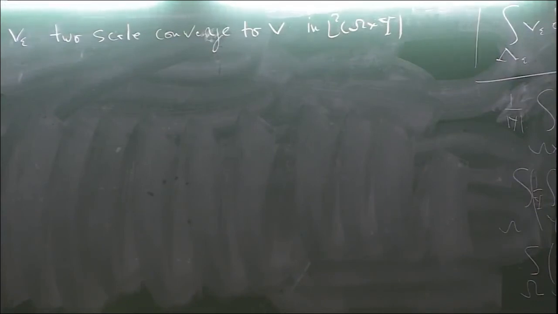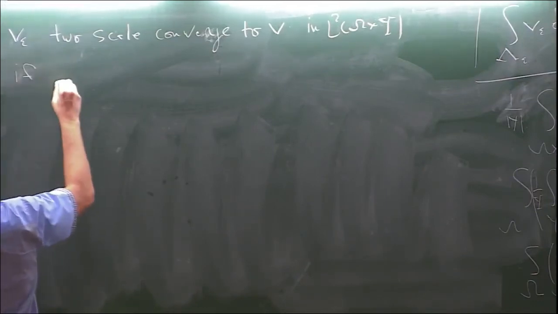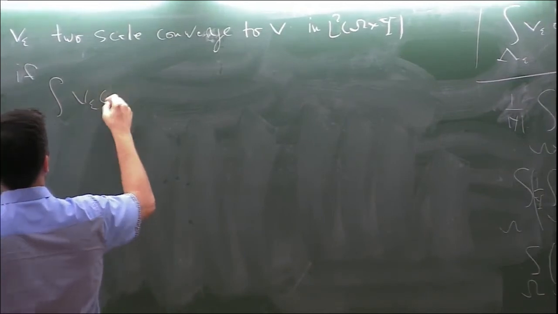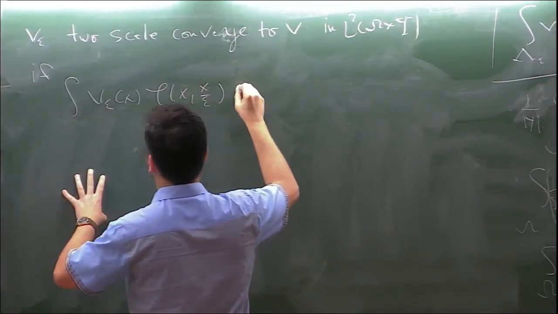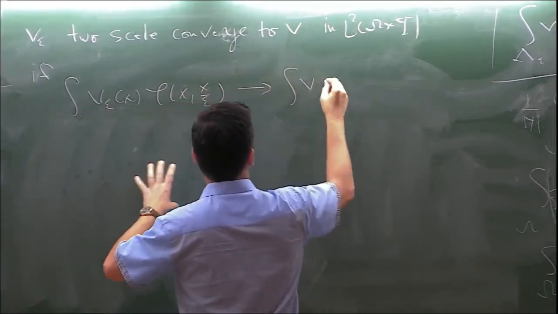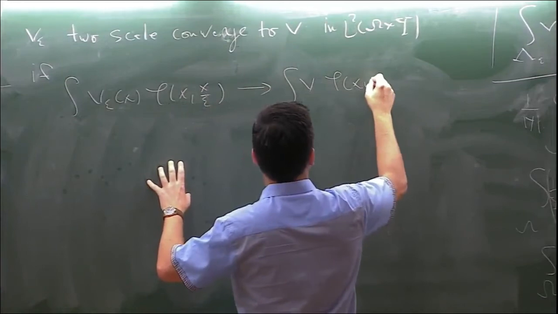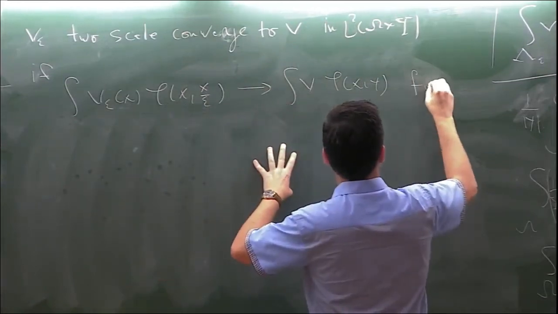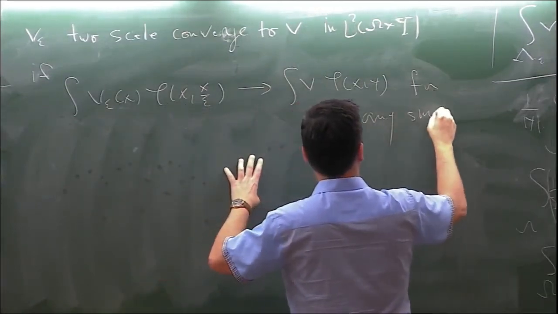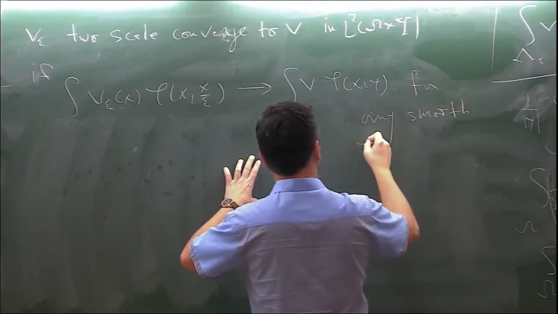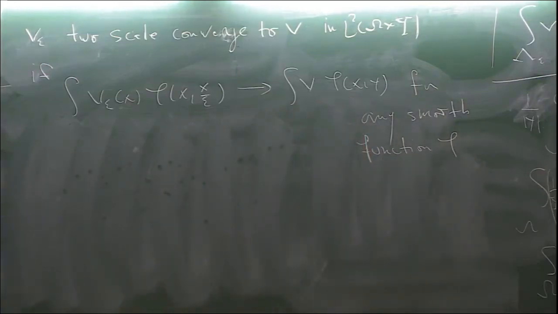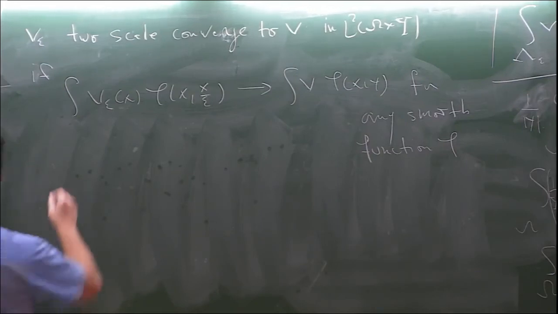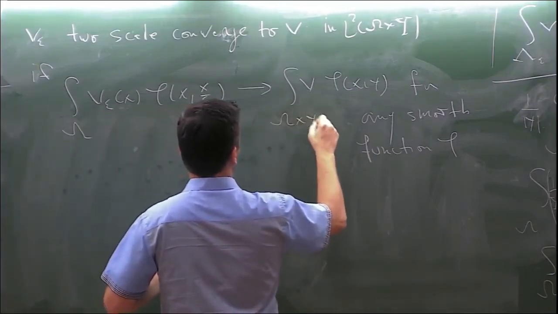If the integral of v epsilon times phi of x, x over epsilon converges to the integral of v times phi of x and y for any smooth enough function phi. Well, distribution in omega and L2 in y. This is the statement, okay?